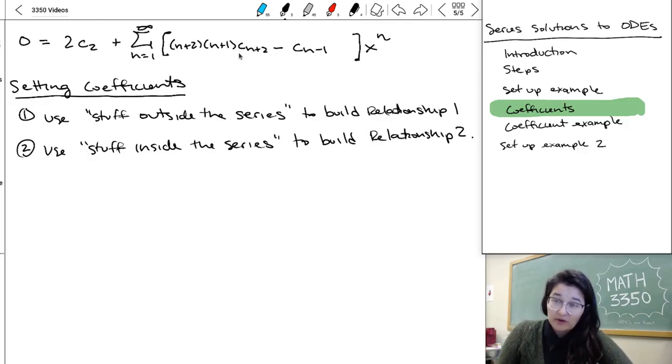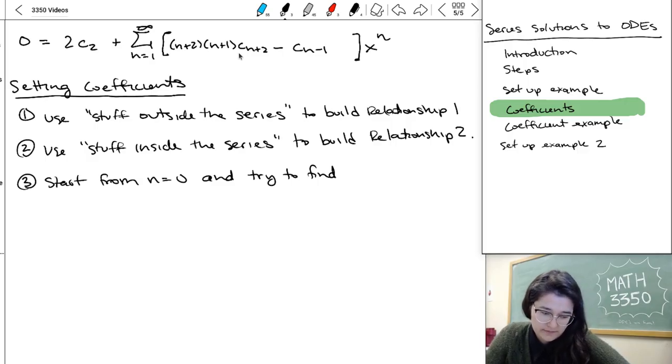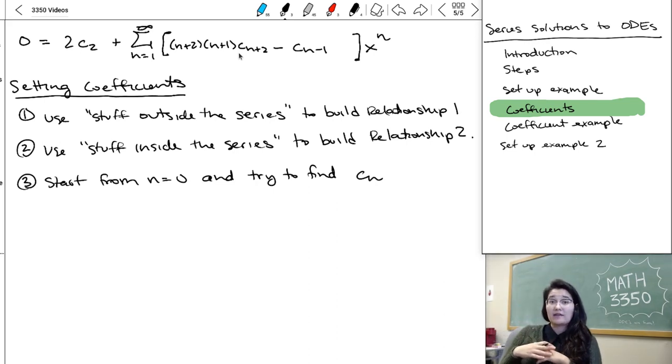And then once I build those two relationships, I'm going to start from n equals 0. And I'm going to try to find Cn at that point, or C0 for n equals 0, following those two relationships.